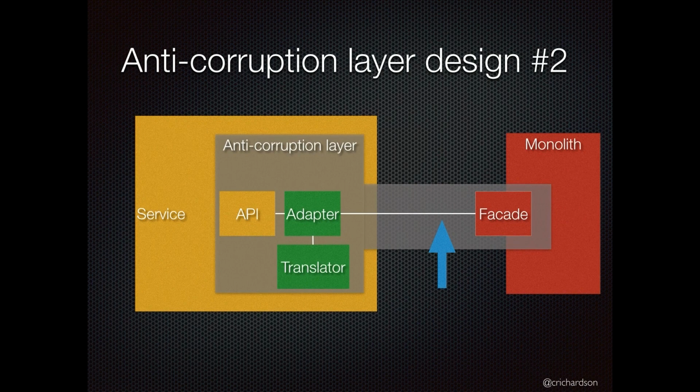If that's code that we own, we can implement a facade inside the monolith to help with the refactoring effort and the implementation of these anti-corruption layers. And in this case, the adapter is making a remote call into the facade that exists inside the monolith.